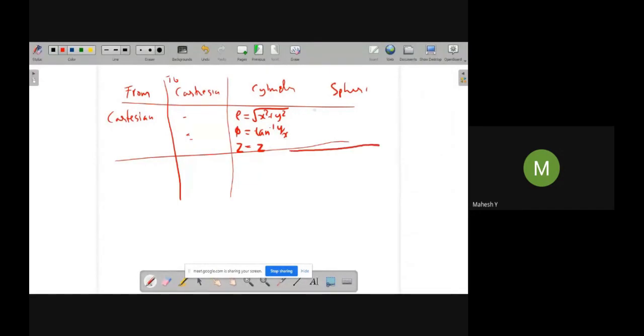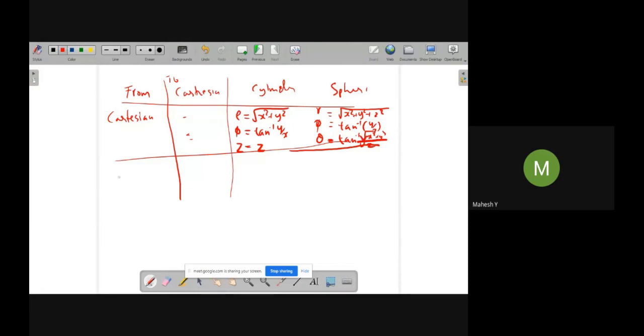So from Cartesian to spherical, r, phi, theta. r is equal to square root of x square plus y square plus z square. Phi is equal to tan inverse y by x, and theta is tan inverse root of x square plus y square divided by z. So this is the first conversion.